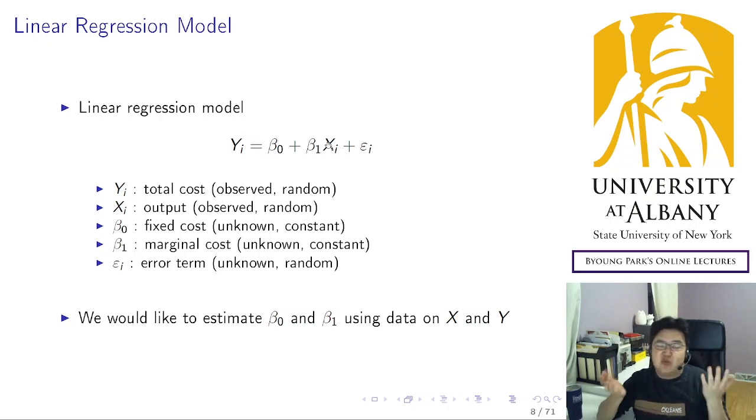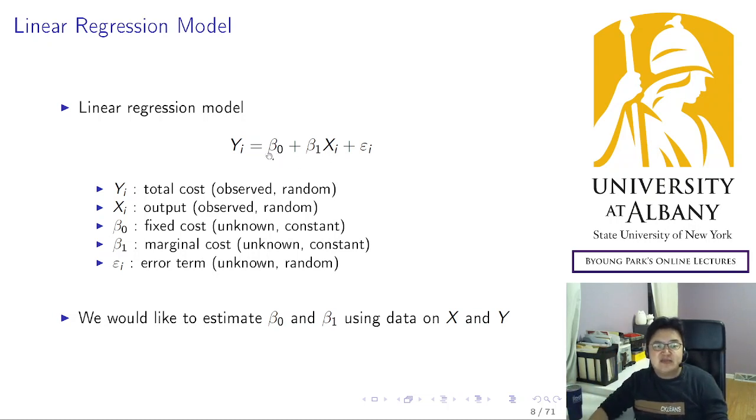That's what we have from our data, remember? The others are unknown: beta 0, beta 1, epsilon.